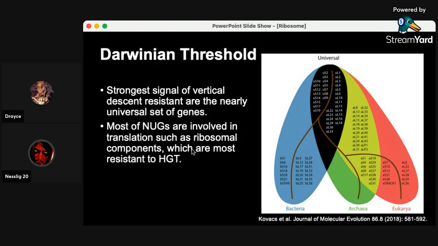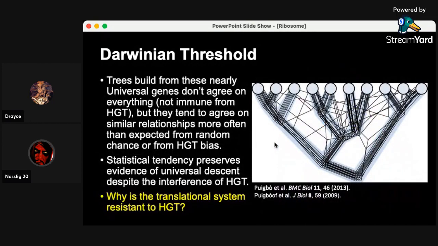These genes are most resistant to horizontal gene transfer, which preserves this. Trees built from these nearly universal genes don't agree on every relationship.